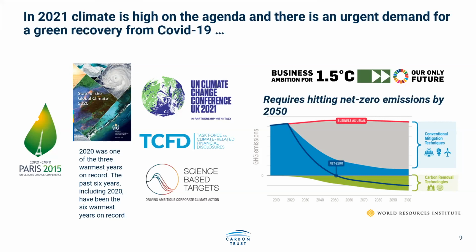And the challenge we have, as I said, is this 1.5 degree goal, which is inherent within the Paris Climate Change Agreement. Since Paris in 2015, we've seen a whole bunch of businesses signing up to commitments to reduce their emissions. What does that mean essentially?